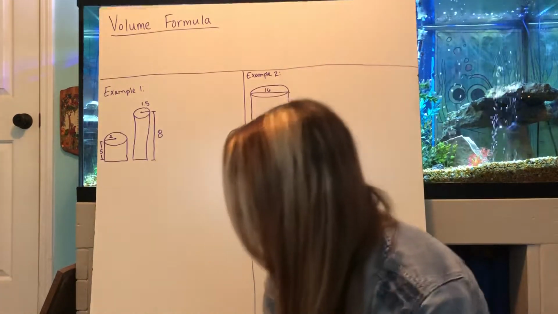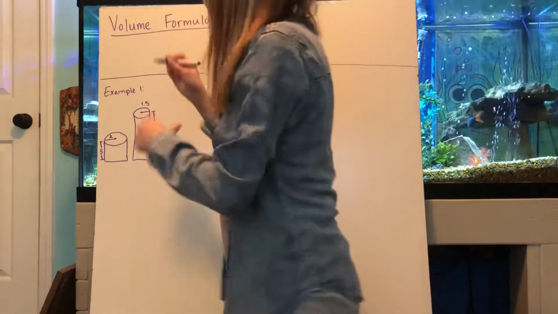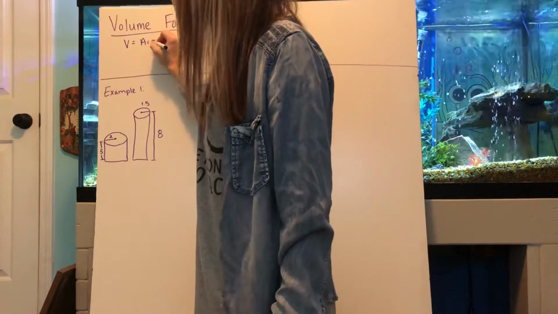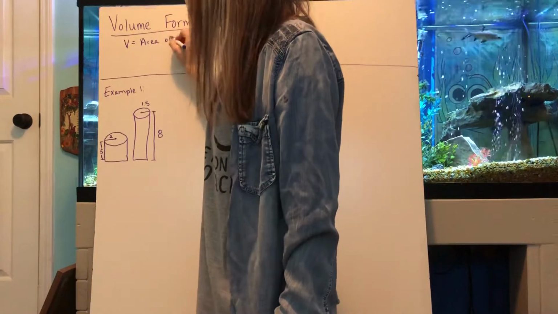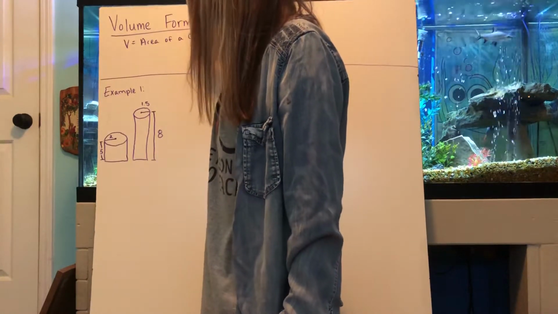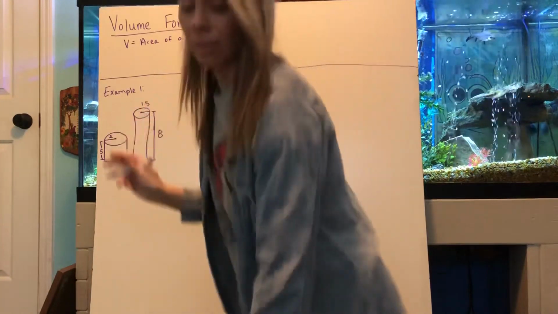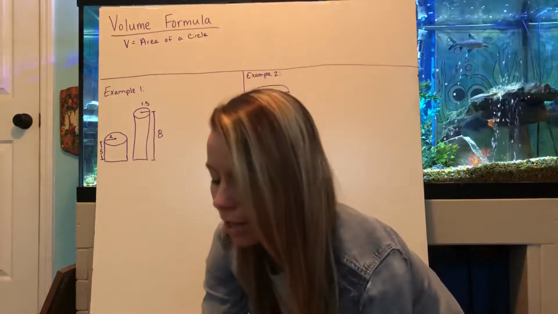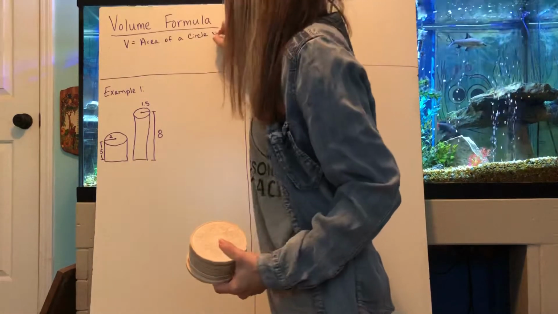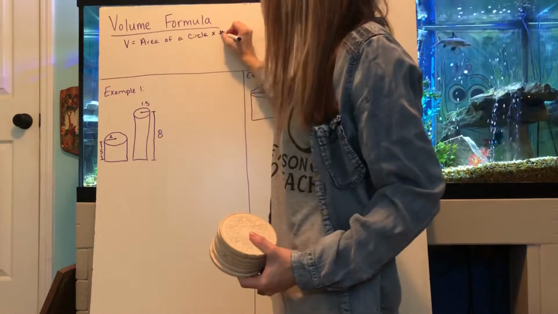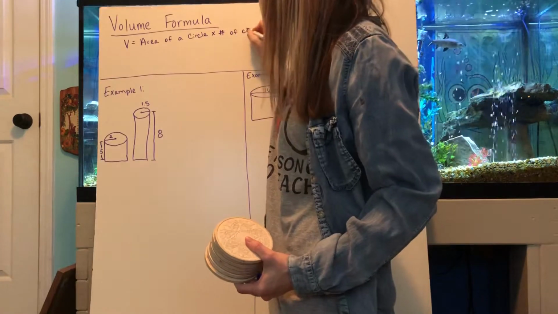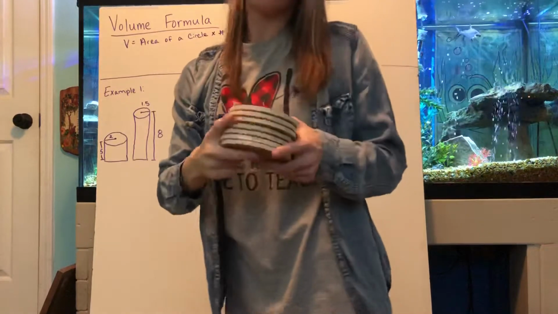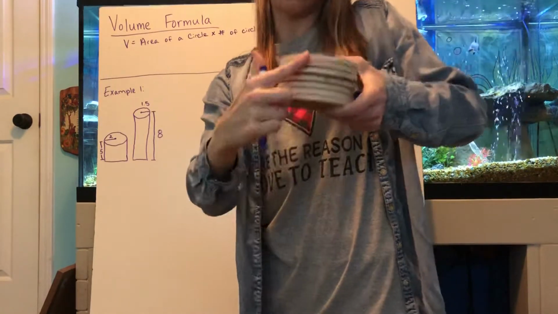So I'm going to write down the volume is the area of a circle, because that would give you this space right here, and then times the number of circles. So you're multiplying how many would fit inside here.